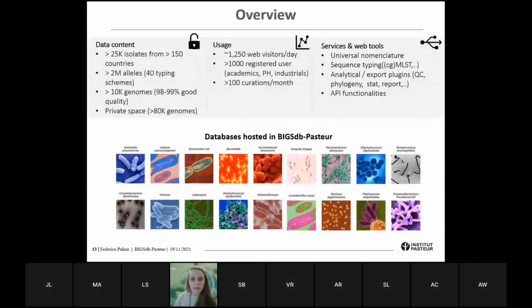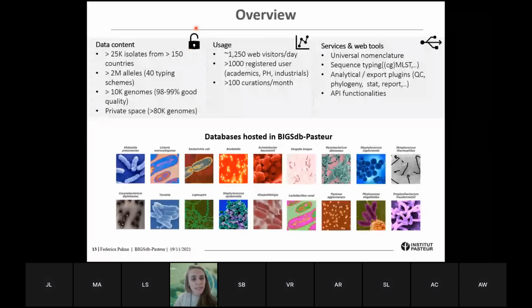So to give you an overview of the platform, it hosts several species databases with more than 20,000 isolates from a really large number of countries, more than 150 countries, and it includes an incredible number of alleles that have been defined, stored in the database, and organized in the several, more than 40, typing schemes.